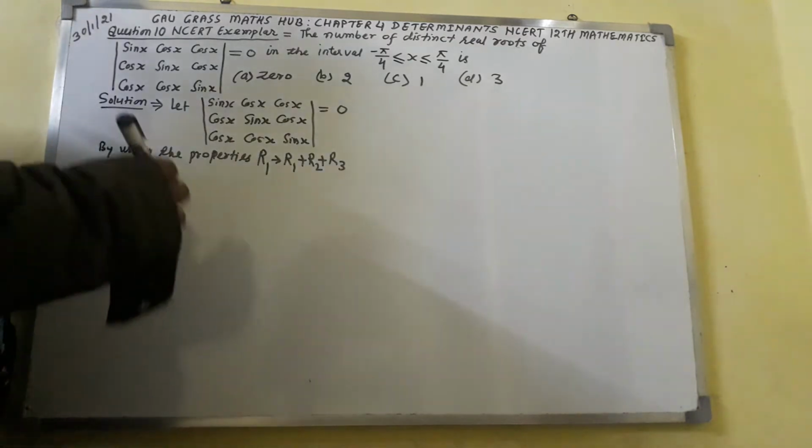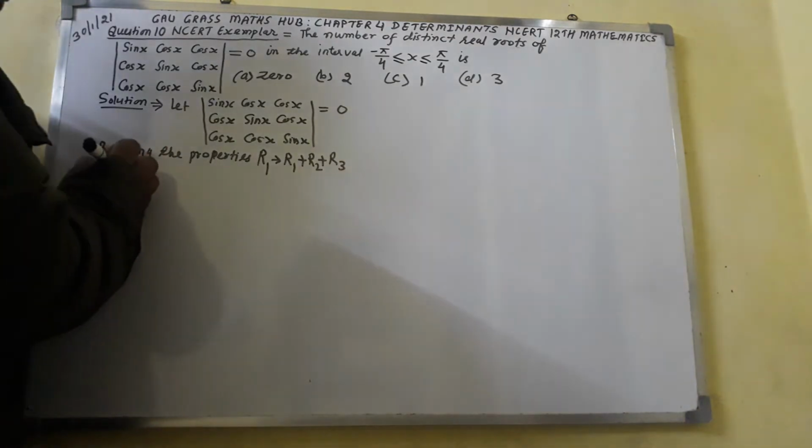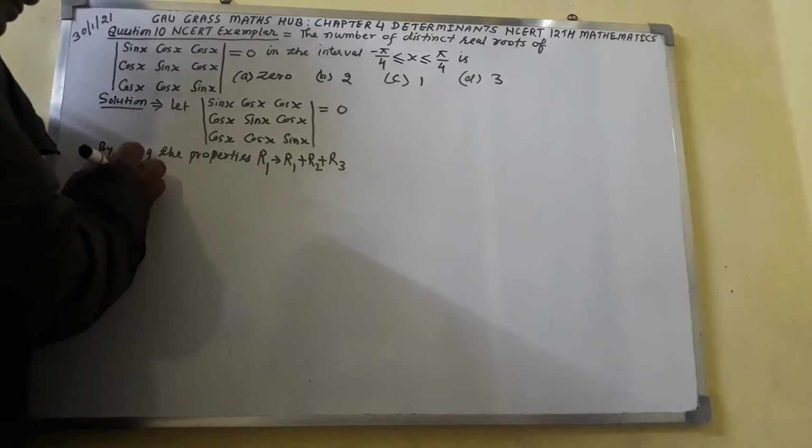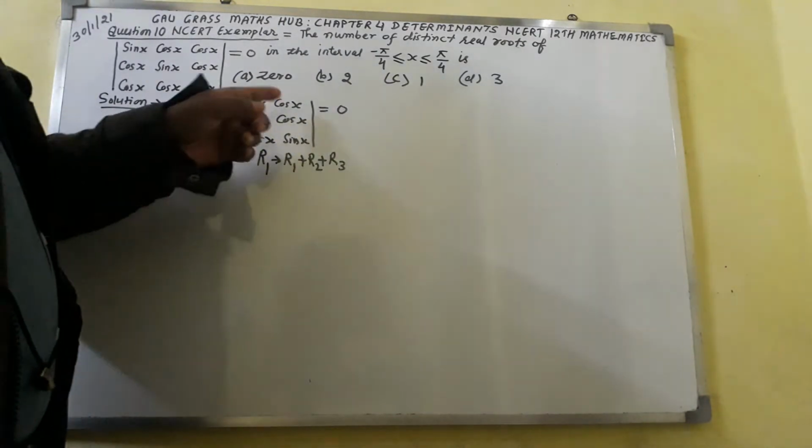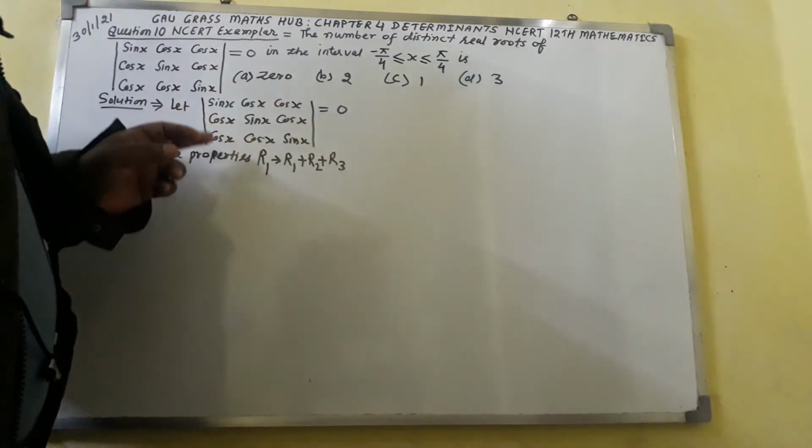So here the determinant will become R1 goes to R1 plus R2 plus R3. This means that only changes will occur in the first row, there will be no changes in the second row and third row.